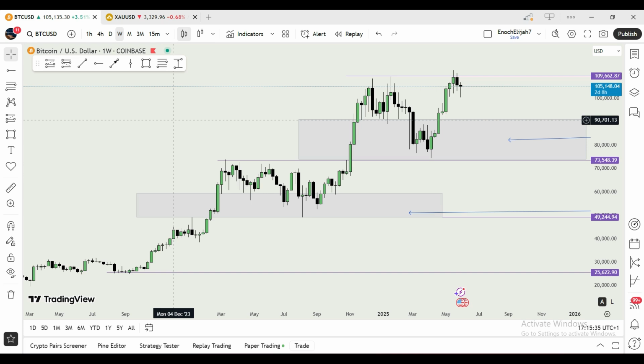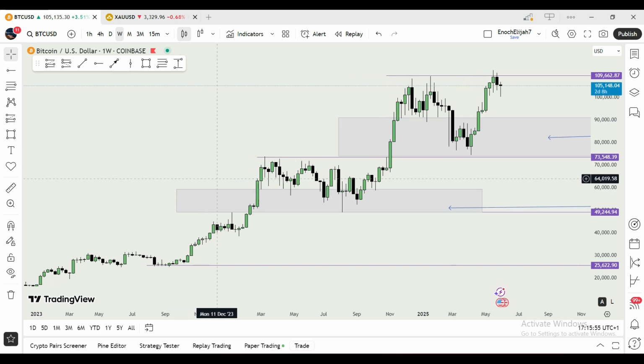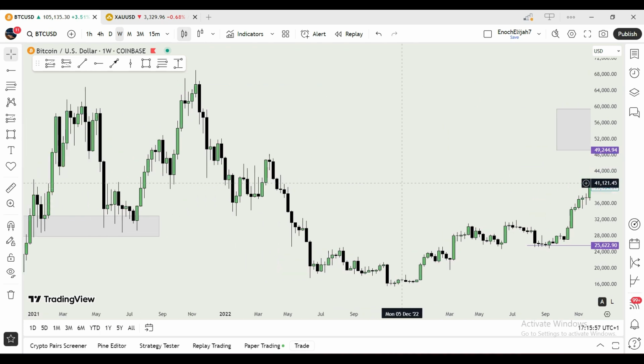Then price will continue again to go up again to create a new high. This is our price move. Once you can see it, it begins to make sense to you when you open your chart. So you begin to know how to trade and make money. Let me show you more example.